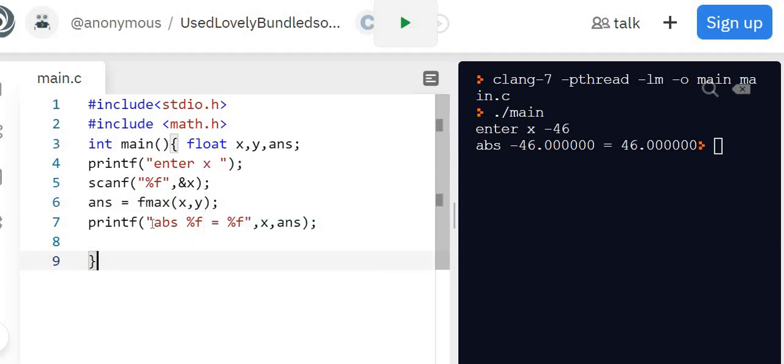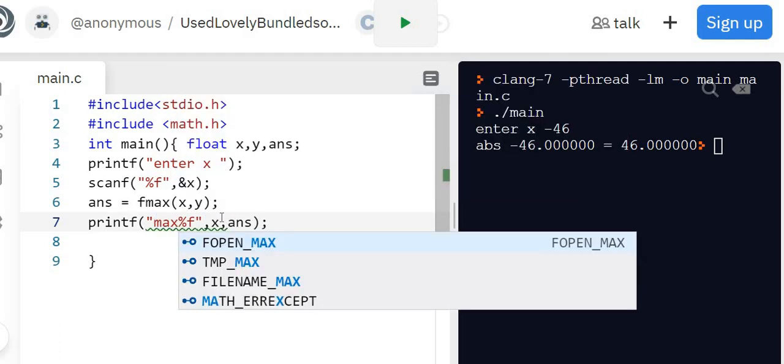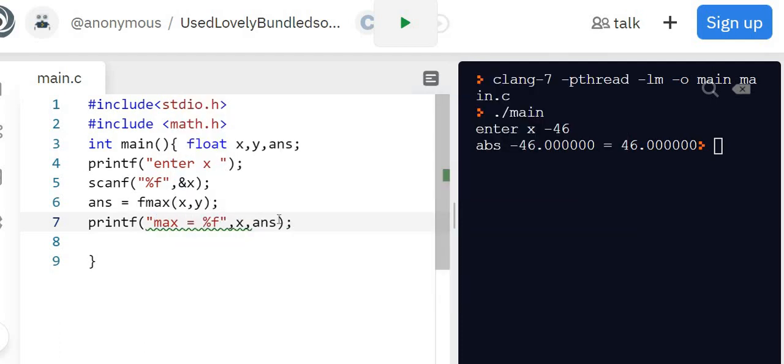So we'll write here max is equal to, and the answer. This is the answer. So fmax is a function which returns the value that is the maximum between x and y.